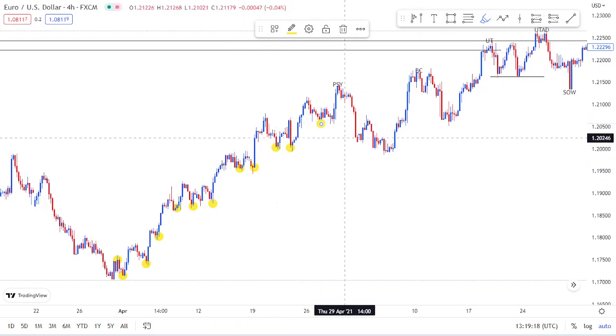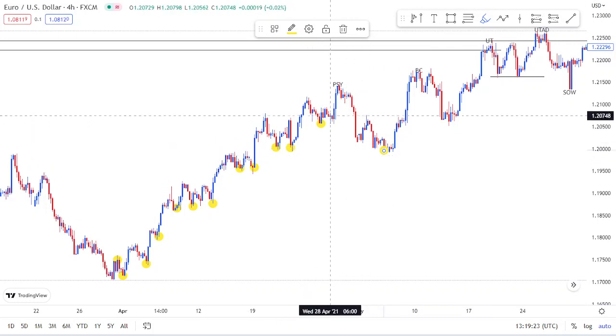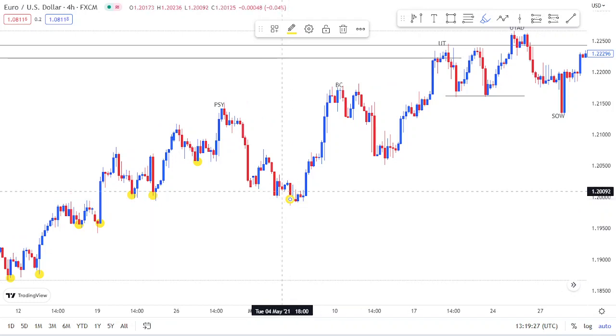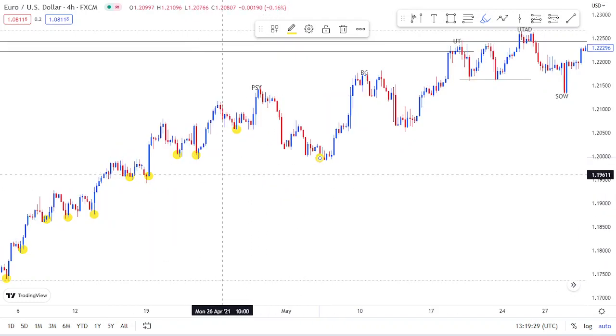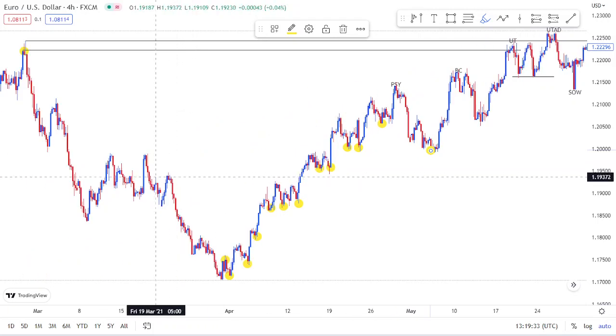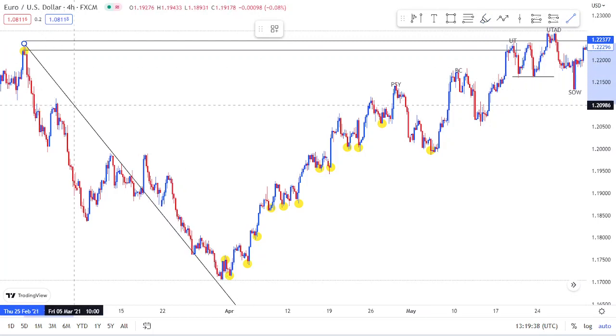So this very first break over here is a major indication that we're going for lower prices. But then what was price doing? Price wanted to clear all this liquidity.